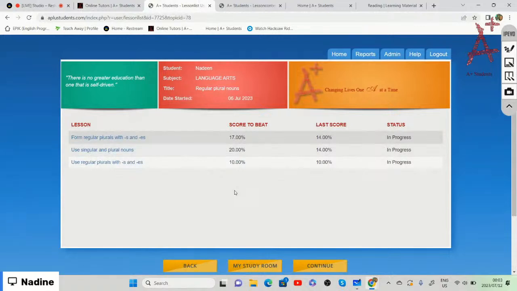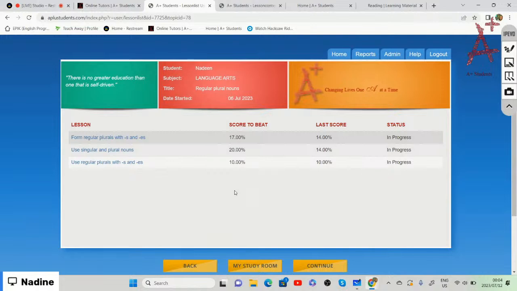Our chapter that we're focusing on is regular plural nouns, and the lessons that we will be doing today are form regular plurals with s and es, use singular and plural nouns, and use regular plurals with s and es. So that is going to be our lessons for today under the chapter of regular plural nouns.